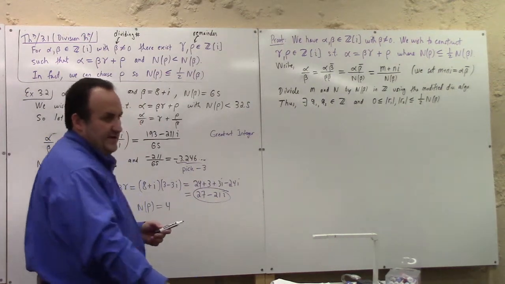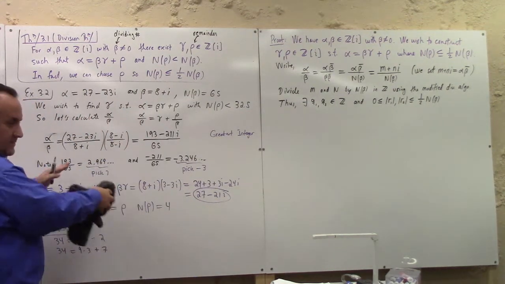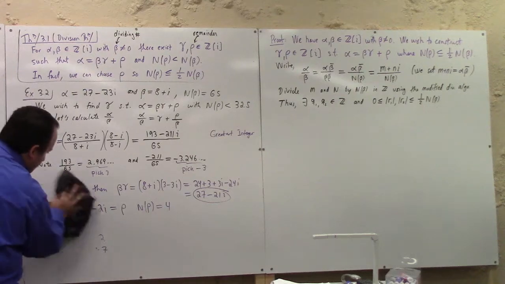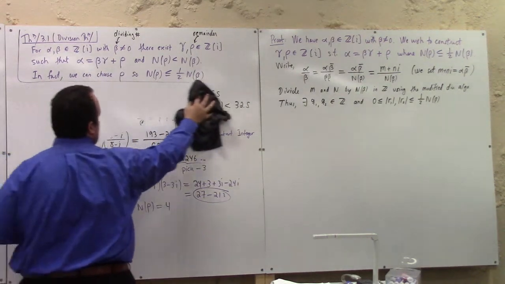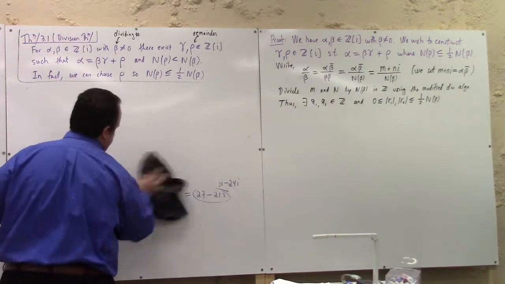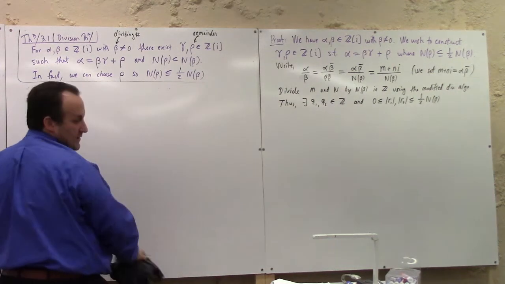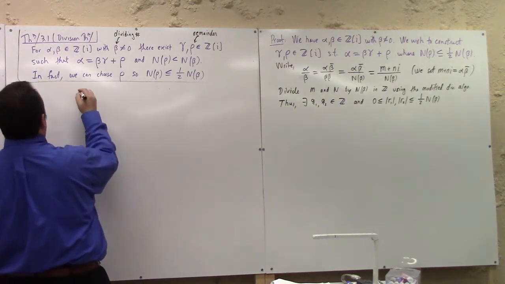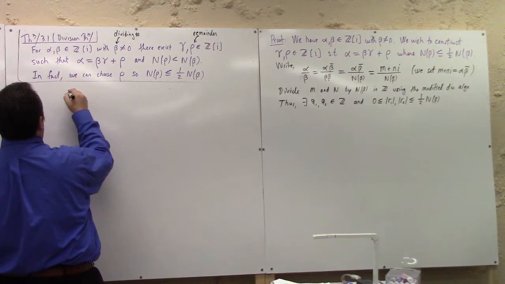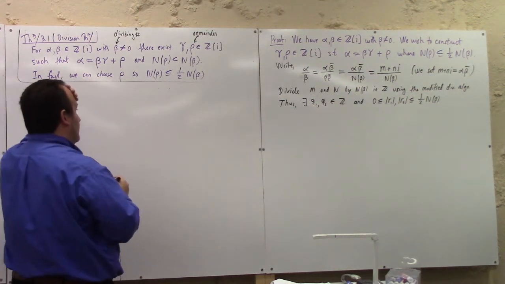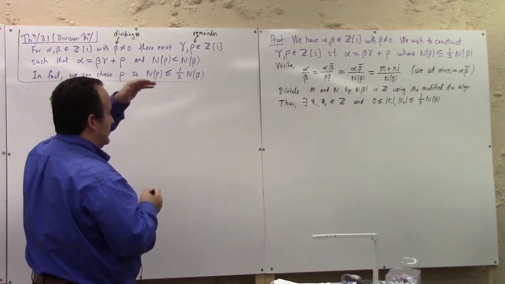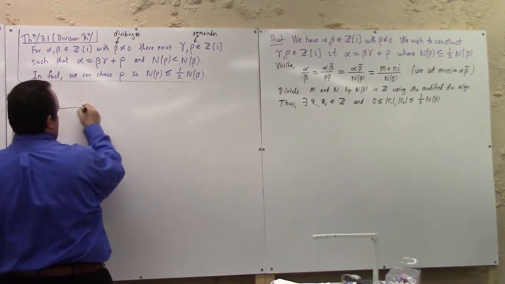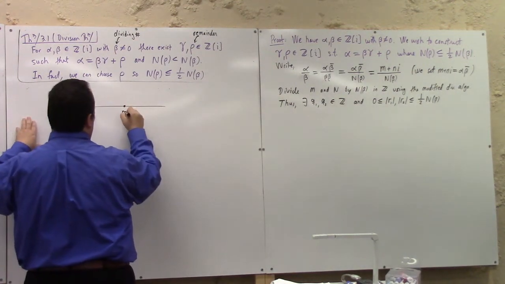So I'm going to erase this calculation here because we're done with it. So, we're talking about, let's see here. I guess I'll stick with this. So, here's M somewhere, right?